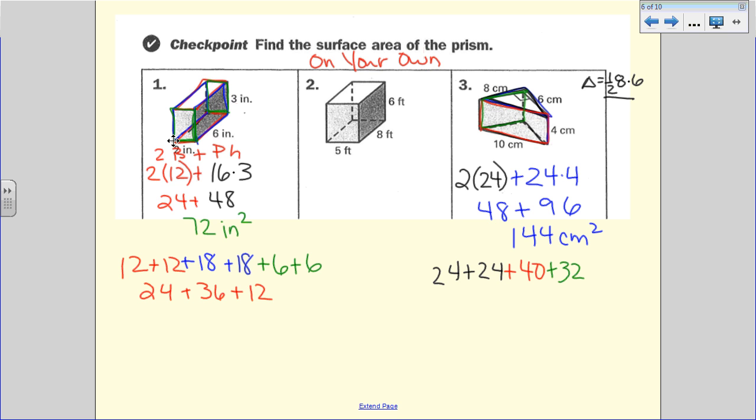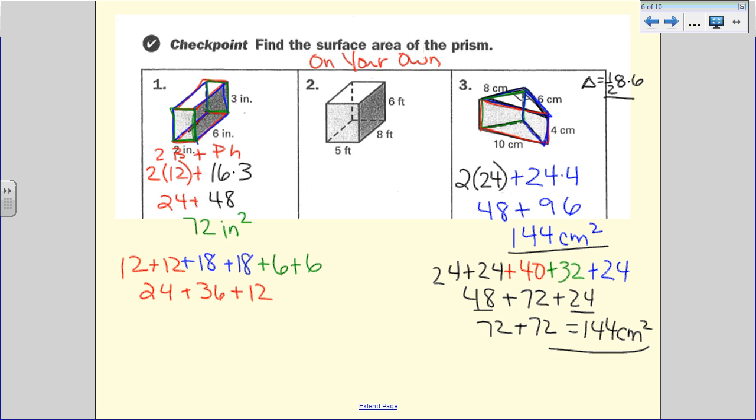And this rectangle here is 6 by 4, which is 24. If we add all of those up, quick mental math to verify: this is 48, this is 72, and this is 24. Those two together make 72, plus 72 does give us 144 centimeters squared. So we can see either method, memorizing the formula or calculating each side, is going to give you the same area.